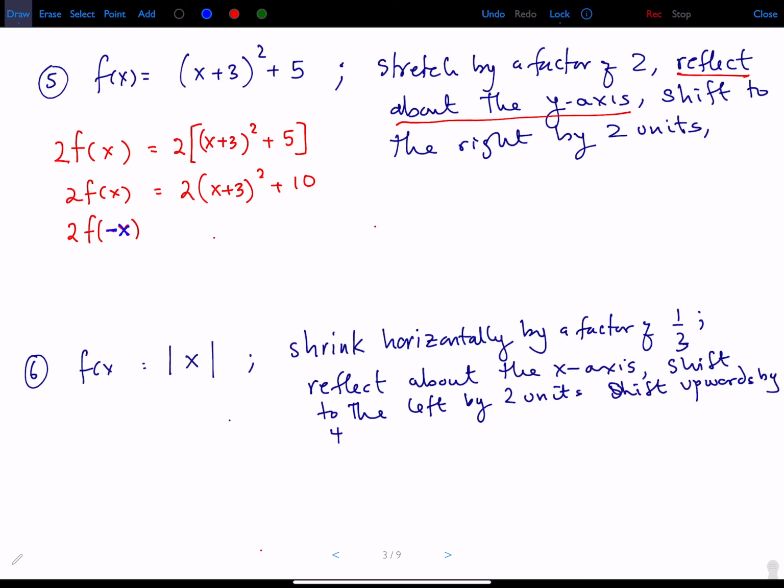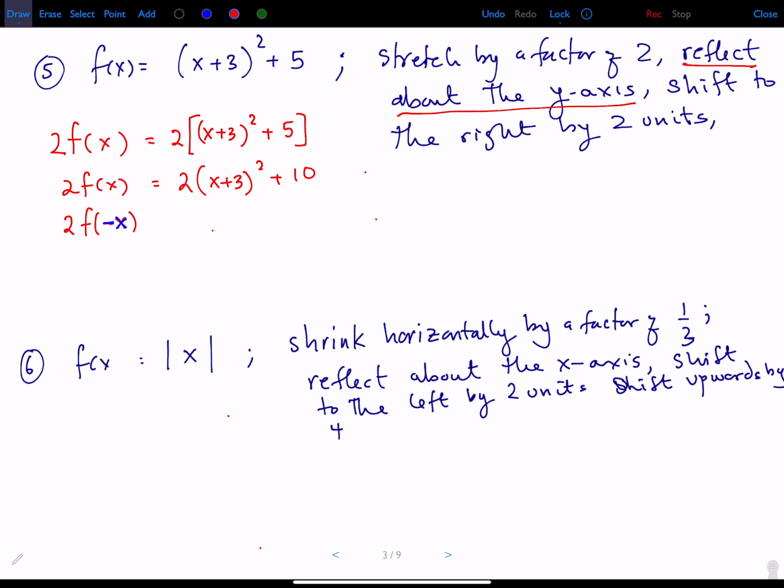A negative x. So this will become 2, and then I have negative x plus 3 squared plus 10.